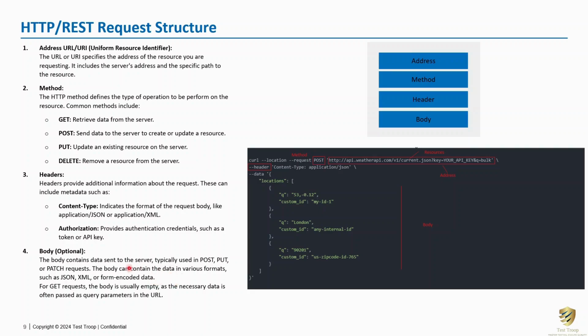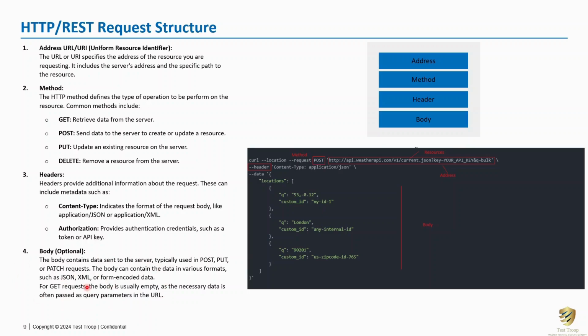The body can contain the data in various formats, like JSON. If you are using JSON, then you have to pass the header as application/json. If it is XML, then you have to pass it as XML, or as form encoded data. For a get request, the body is usually empty, as the necessary data is often passed as a query parameter in the URL.